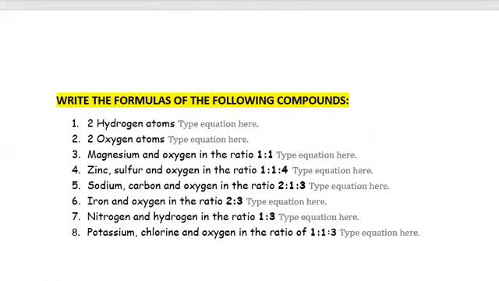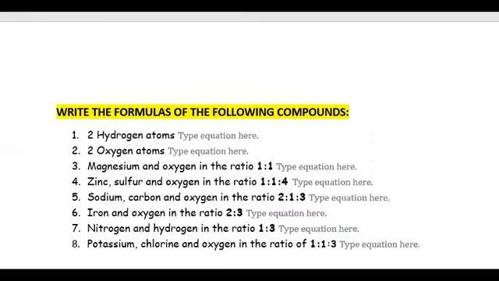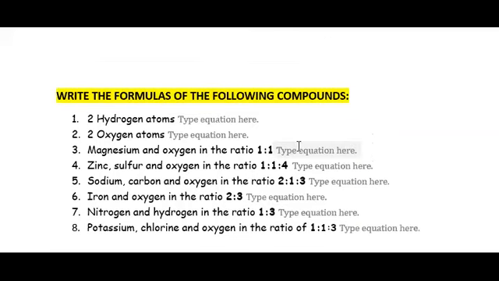So here, it's a little bit different, and I'm going to explain to you what you need to do. It says write formulas for the following compounds. So I'm giving you the elements that are within the compound, and you guys need to help me form a formula. So I'm going to give you an example. It says 2 hydrogen atoms for the first one.